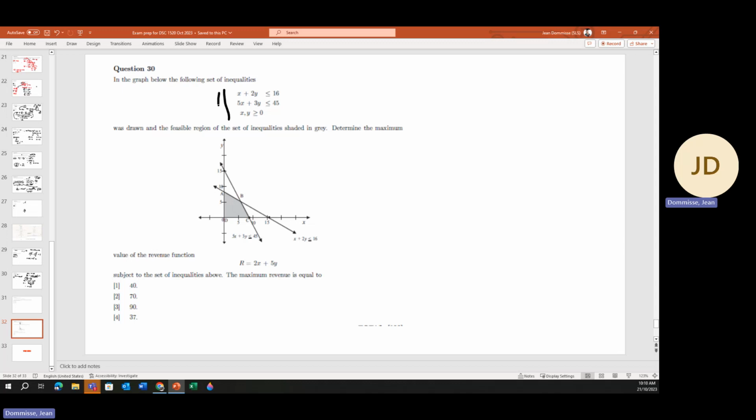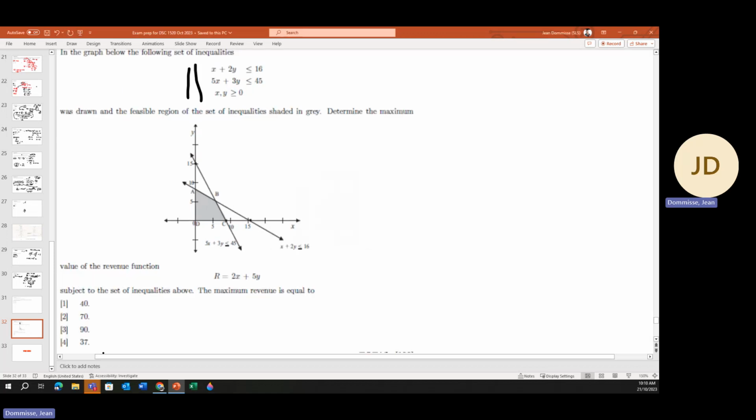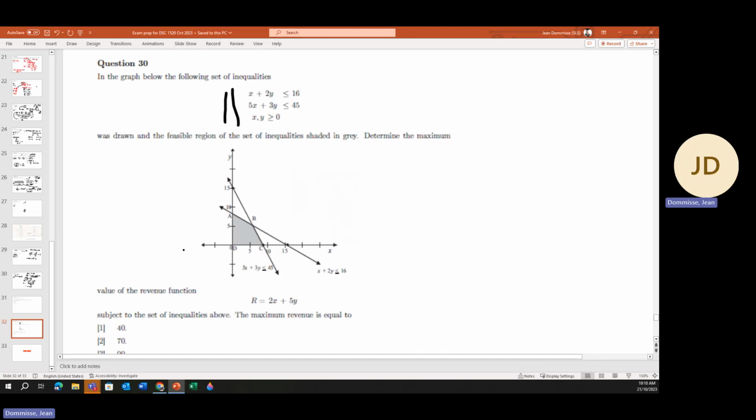It is looking at, and hopefully this is big enough for you to see, but let's make it just a bit bigger. We can always come back to one of them if we need to. Okay, and they love to do this, so they might give you a few things.